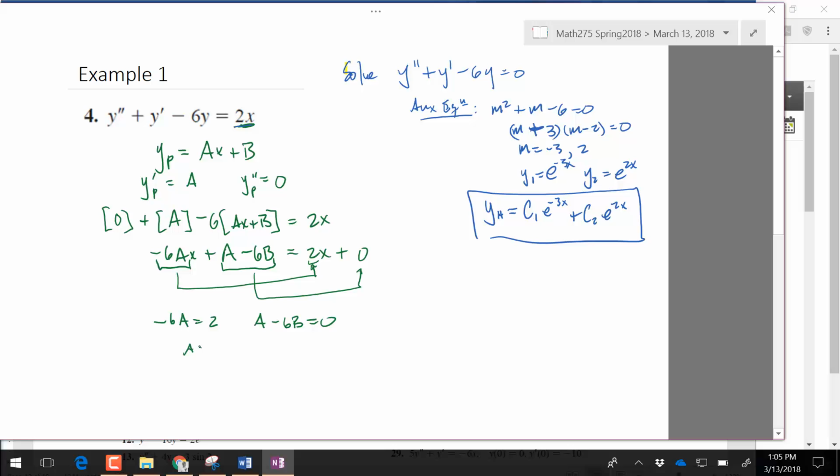So a is going to equal negative 1/3. And then b, if a is equal to negative 1/3, b is going to equal negative 1/18.